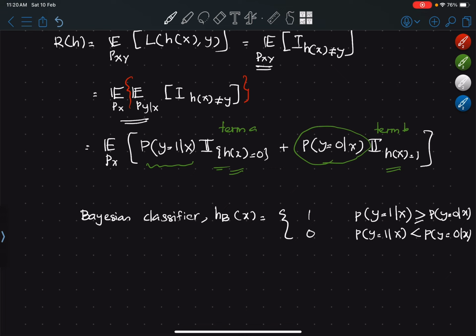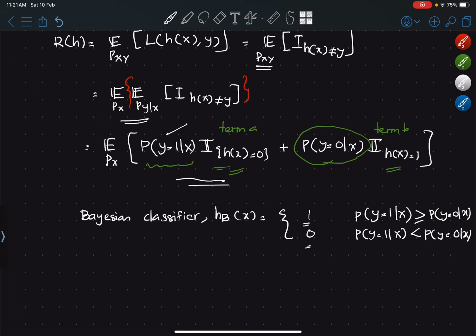So let's understand this again. See, h of x can take only values 0 and 1, right? Suppose it is taking a value 0. Only term A will be selected, there's no doubt about it. That's how we constructed this: P of y equal to 1 given x is less than P of y equal to 0 given x. And let's say it is taking a value 1.